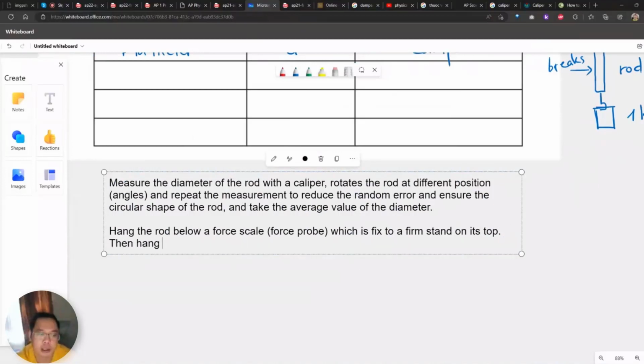Then hang an object, a weight, on the lower end of the rod, such as 0.5 kilogram.